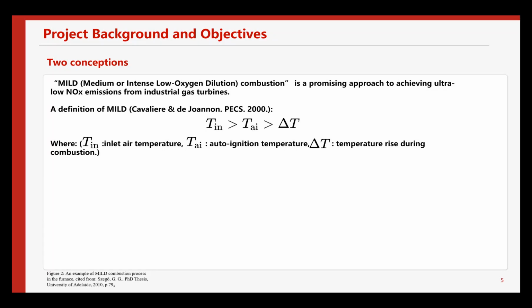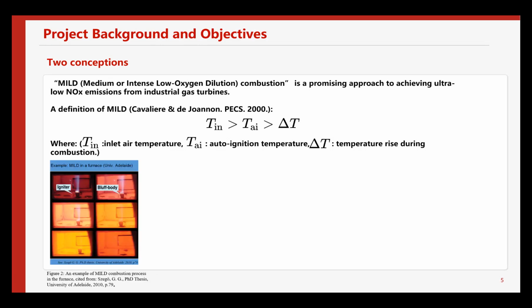I will give you two important concepts, and the first one is mild combustion. This is a combustion mode with strong dilution and low oxygen concentration. It can help reduce temperature peaks and lower CO2 emissions in CH4 combustion.